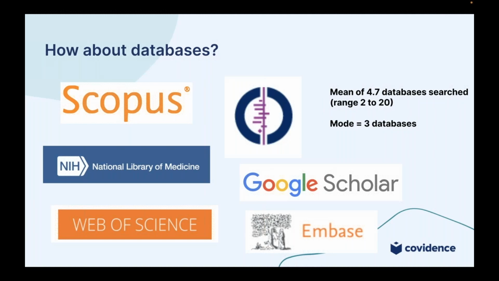and surprisingly Google Scholar. So I wonder how you feel about the popularity of Google Scholar as a source of evidence for systematic reviews. I'm thinking that it's a popular science source rather than what we might consider a formal database.